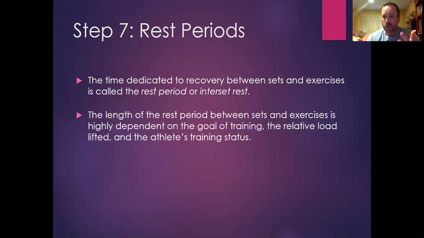And then if I'm looking for endurance, that really gets short, like 30 seconds short. Why? Well, what better way do you do endurance than to continue trying to move, going and going and going? So that all plays a part in your rest periods during all these programs.